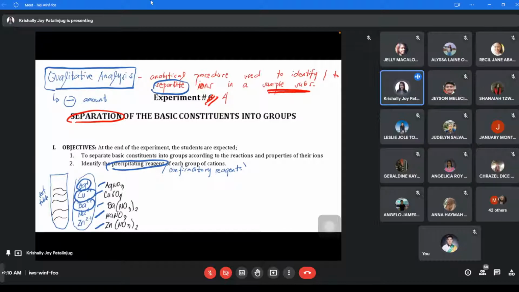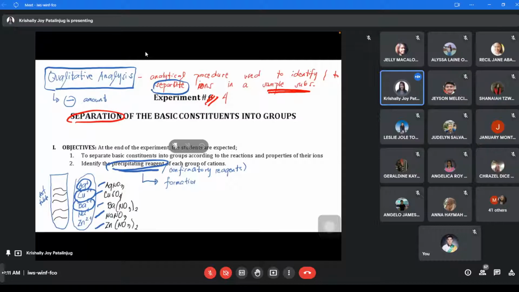Okay? The precipitate that is formed because of that precipitating agent is the ion that you want to separate from the solution. Okay? So when a precipitating agent is added, you can observe many reactions; the color may change. The most obvious or visible result when you add a precipitating agent is, of course, the formation of a precipitate.